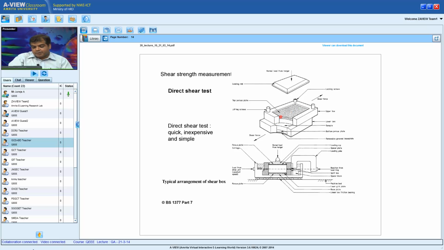Likewise, there should be a plane perpendicular to this, which should be my minor principal plane. In the start of the test, the two halves do not slide, so there is no friction, no sliding in this direction.